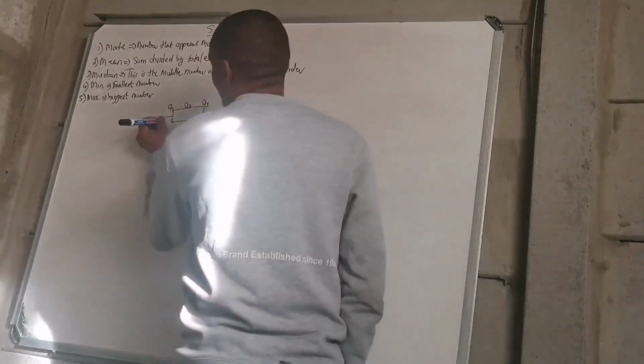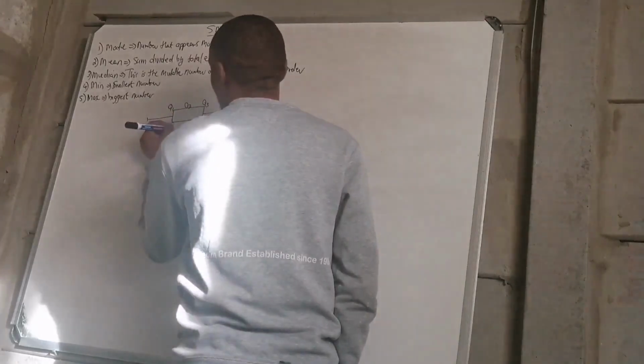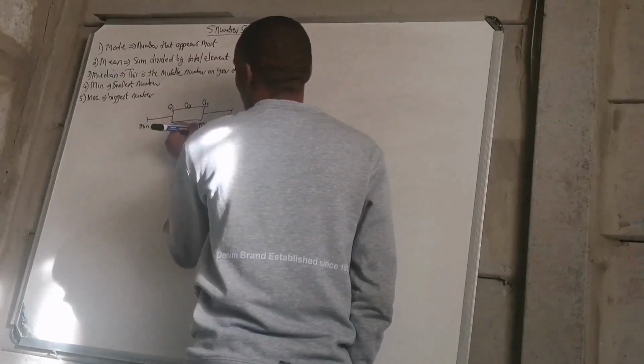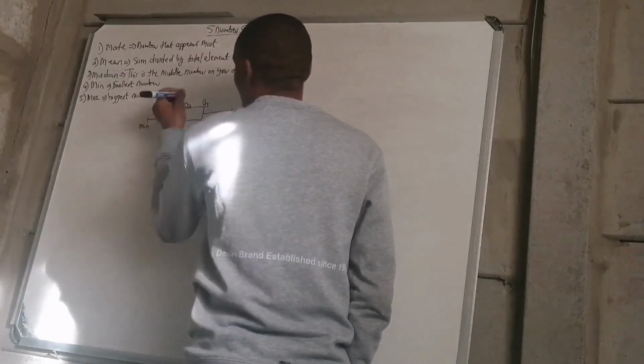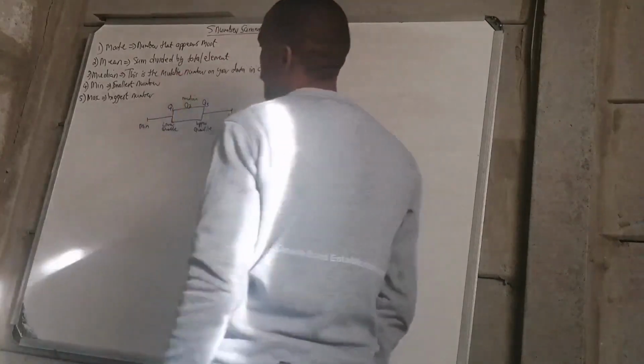Q1 is the lower quartile, Q3 is the upper quartile, and Q2 is what we call the median. So this is just the five number summary.